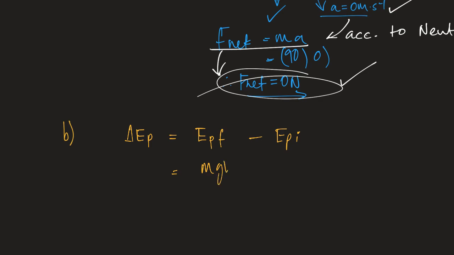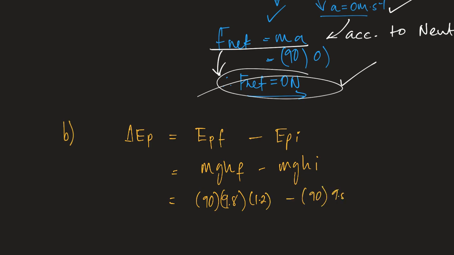So I've got mgh final minus mgh initial. Make sure you substitute in all of these values so that you can get the marks. So I've got 90 times 9.8, and my height at the top of the ramp was 1.2, minus 90 times 9.8, and my height was 0 at the bottom of the hill.